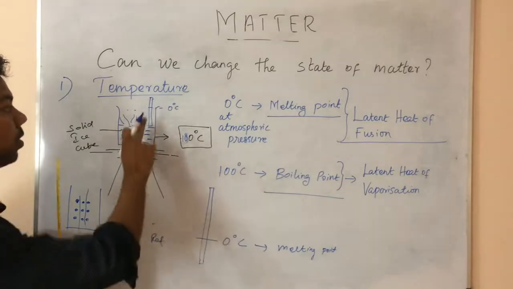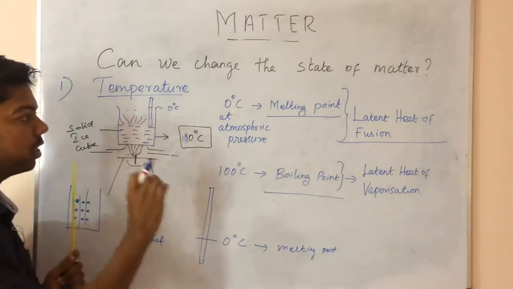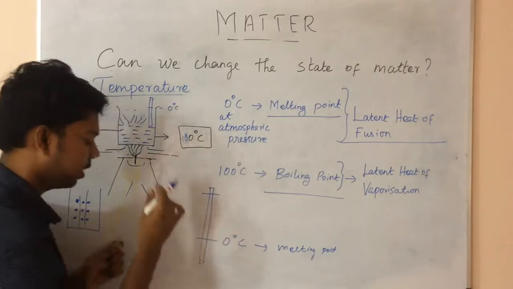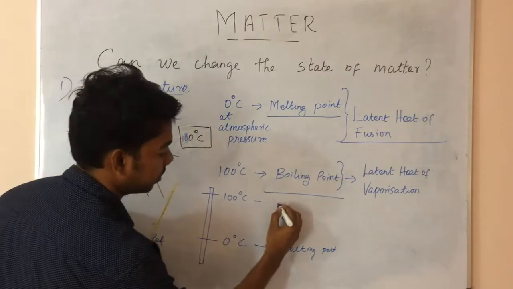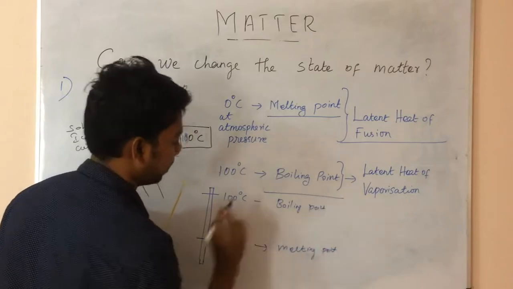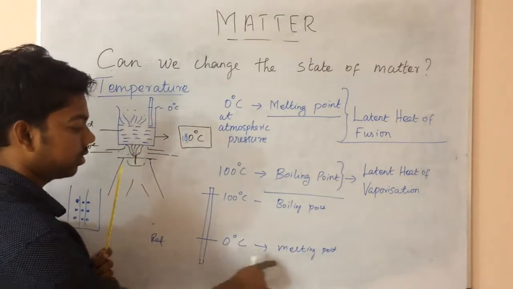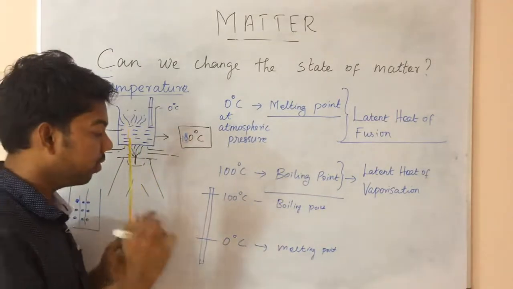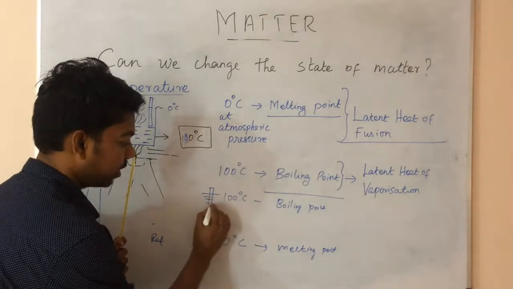And I know the boiling point: at a particular temperature, the water is boiling and making water vapor. That temperature I am marking as 100 degrees Celsius, the boiling point. So I have taken two reference points: 0 degrees Celsius, the melting point, and 100 degrees Celsius, the boiling point.